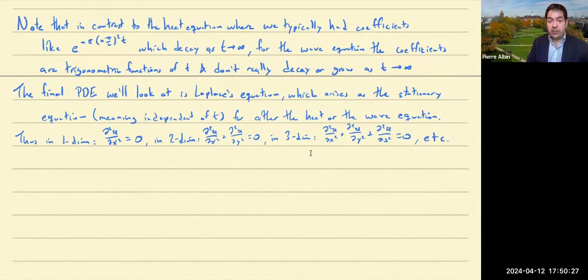It shows up, for example, in electrostatics, in gravitation and general relativity, and fluid dynamics. Of course, in each of those settings, things might be a little more complicated than the equation the way we've written it, but something very similar, something like this, shows up.